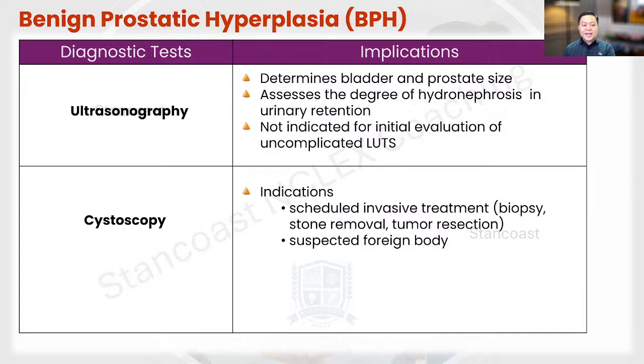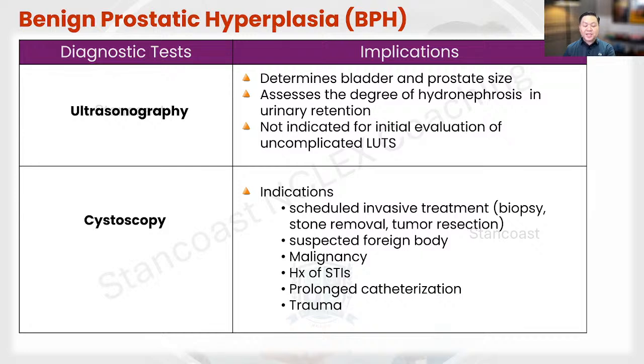All right. Now, if there is also malignancy, then cystoscopy is really going to help in establishing the diagnosis. And same thing with STIs, prolonged catheterization, and history of trauma.